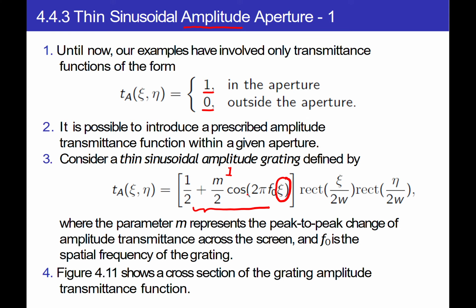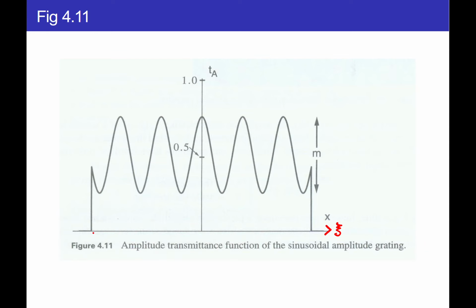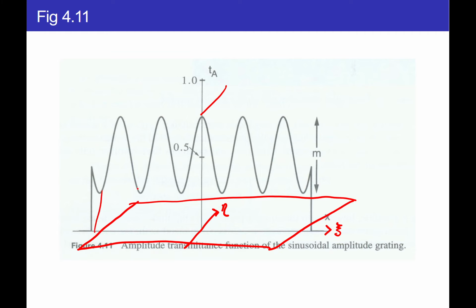So that means we have a kind of rectangular aperture, and within this we have this kind of distribution along xi, and along the eta direction, everything is the same. So it shows.